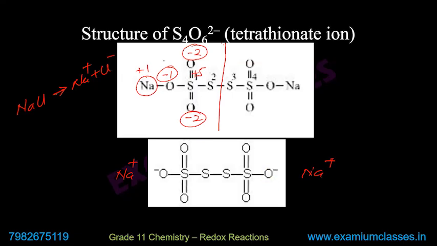I have just broken it to understand it in a better way. If I break these, this will be the condition: Na plus, O minus. So this is -1 charge, this is -2 charge, this is -2 charge, total -5 will be balanced by +5. Similarly on the right hand side of the symmetry, -1, -2, -2, -5 charge will be balanced by +5 by the sulfur.